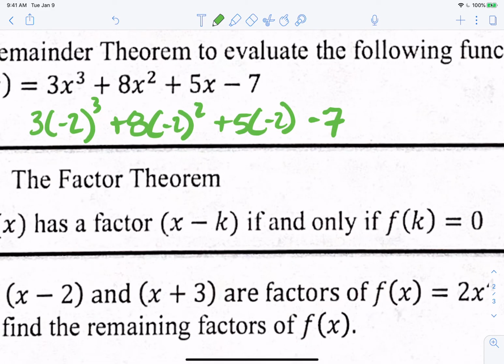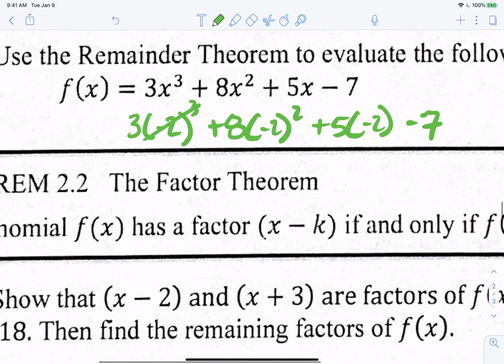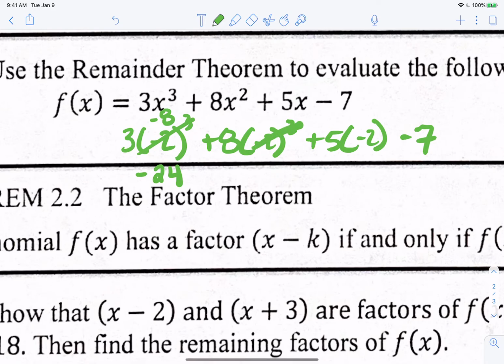What's -2 to the third power? -8. 3 times -8 is -24. -2 squared is 4, and 8 times 4 is a positive 32. 5 times -2 is -10, minus 7. I'm going to put all my negative numbers together: -24, -10 is -34, minus another 7.